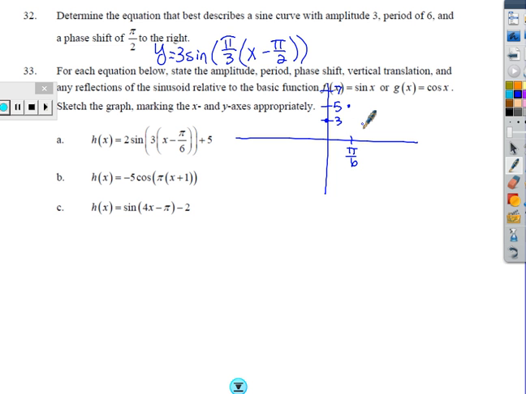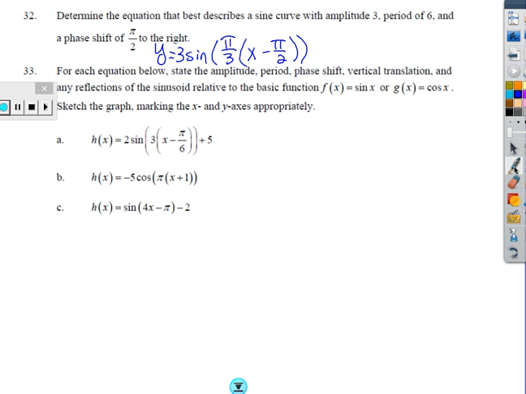And I'm going to hit 7 when I get to pi over 3, so again, because I had that phase shift. So I'll be up here at 7, and now I've got a decent sketch of my graph. So that gives me a sketch of letter A, so I'm all done with letter A, and we can start moving on to letter B.